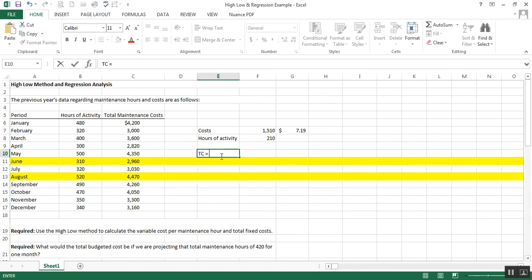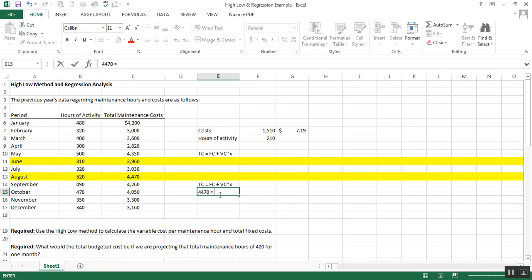Now we know that total cost equals our fixed cost plus our variable cost times the number of units, represented by X. So now we know the total cost at both the highest and the lowest level of activity, so we can pick either one. I'm going to pick highest, and then I'll show you that it gives the same exact answer if we pick lowest. Our total cost is 4470.